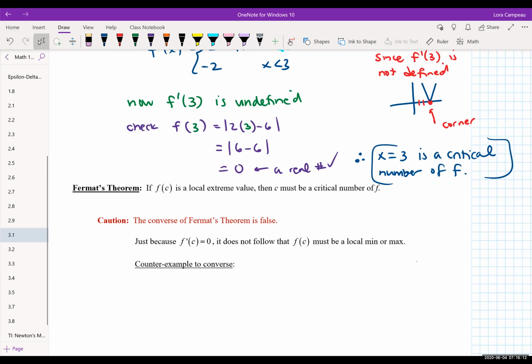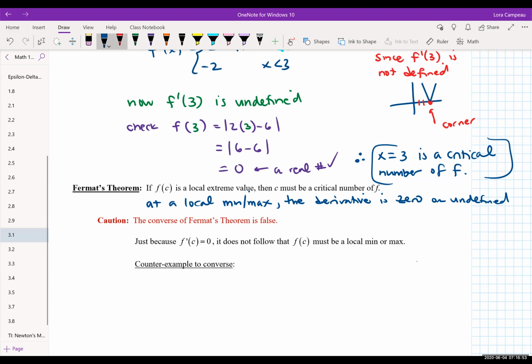So just to remind ourselves, at a local min or max, the derivative is either 0 or it's undefined. So keep that in mind. And you're like, yeah, I remember that from doing all these examples before we got to this theorem.